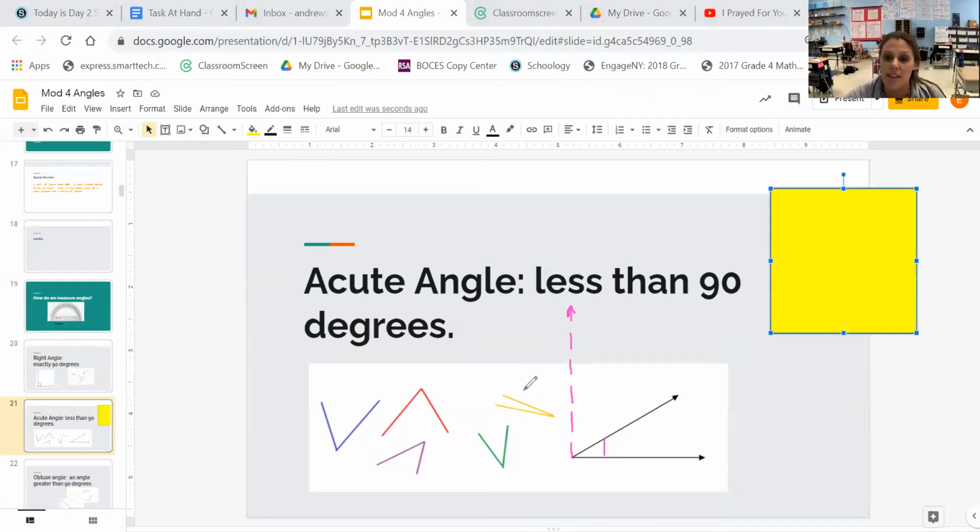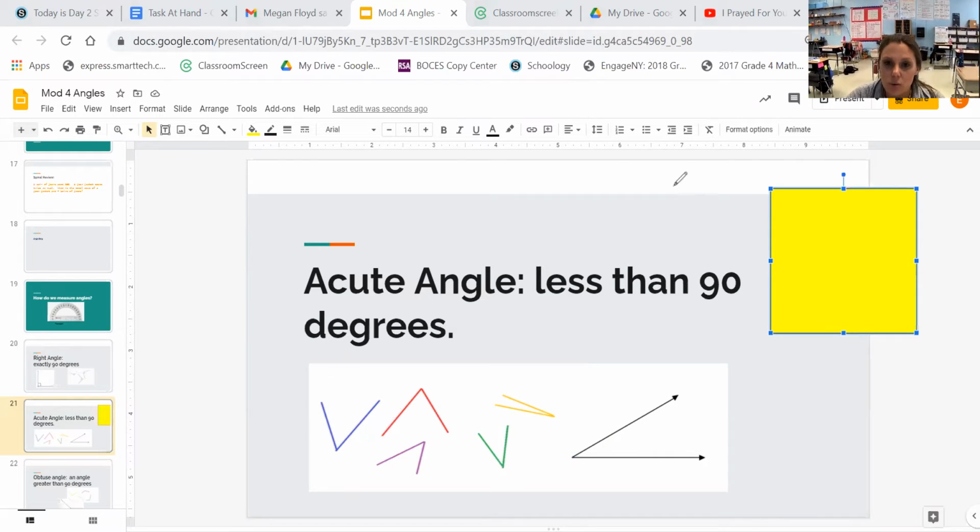It's way smaller than that 90 degrees. So I know because it's less than 90 that this is an acute angle. I didn't use my protractor. I didn't measure it. I just used a resource to easily look and see, is it bigger than 90 or is it smaller? So it's smaller, it's acute. We'll continue to practice that today.